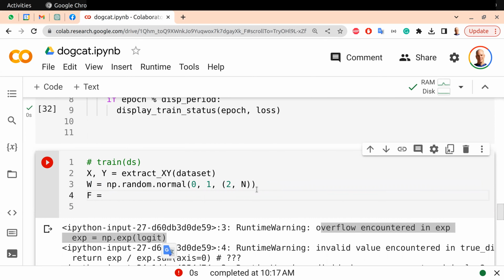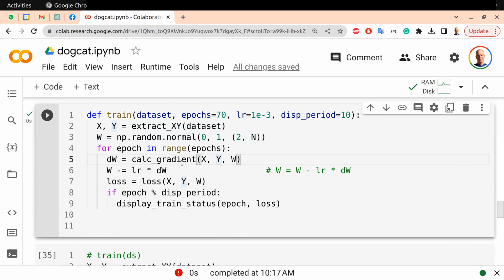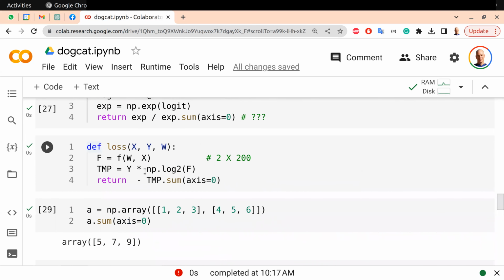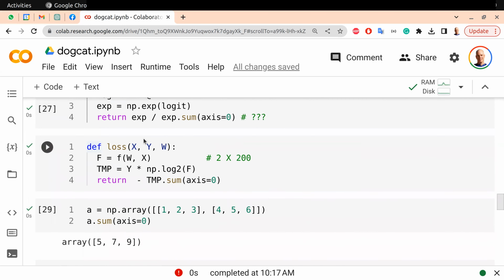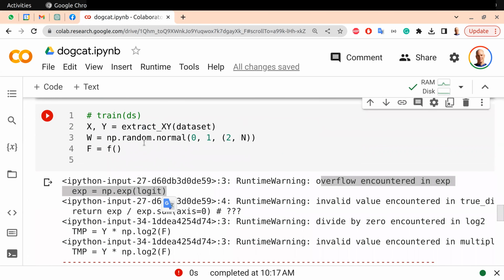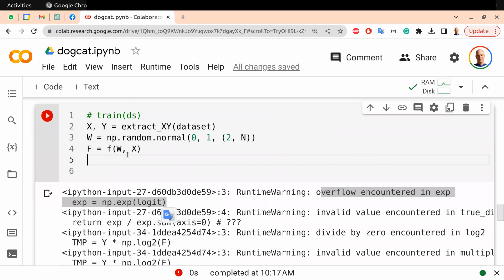F equals F of what should be the order of the parameters? F, where do I have F? F should be W and X. Okay, so W and X. And let's just print the result and see if we see something.